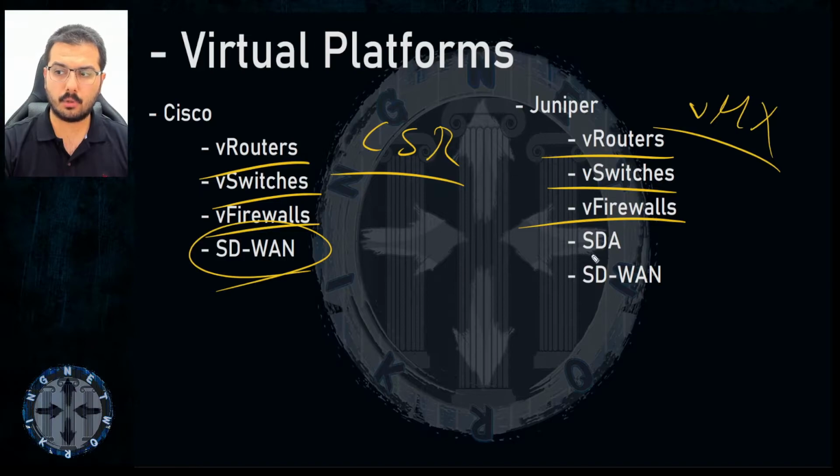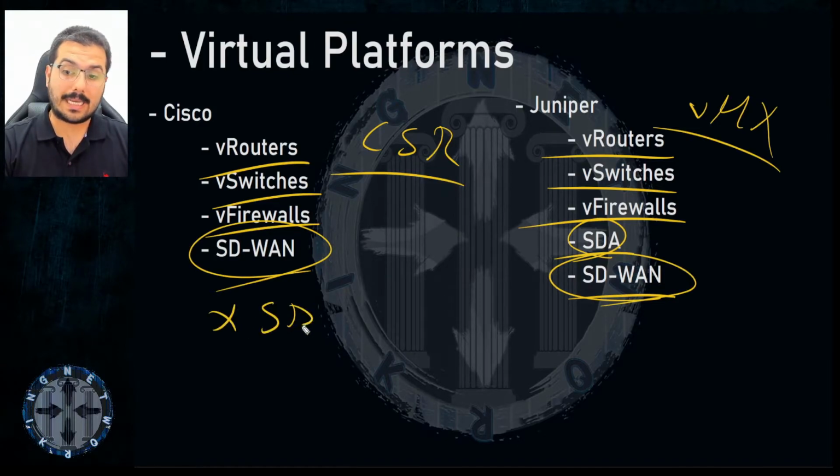When you go to Juniper, you can get real appliances for Junos Space, which you can use for either SDA or SD-WAN, and you can also obtain Junos Space as a virtual image. But no SDA in here yet.